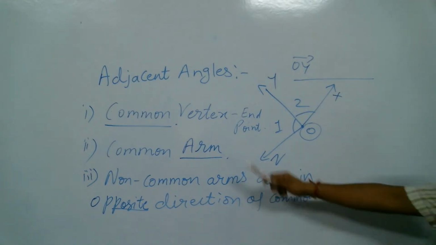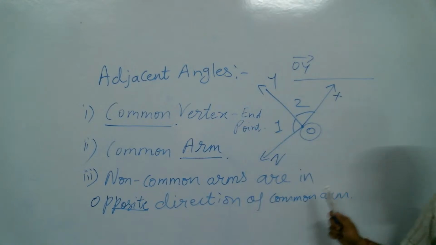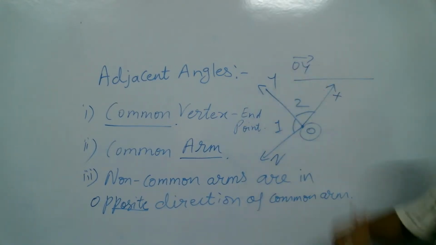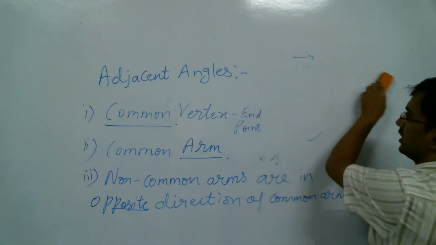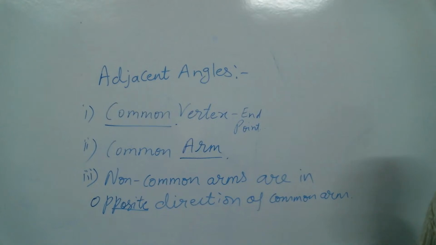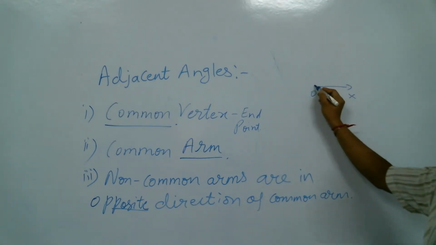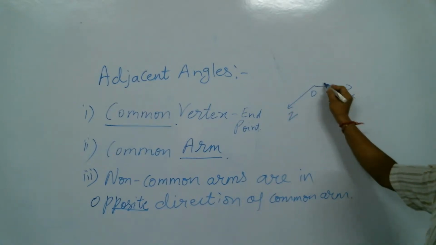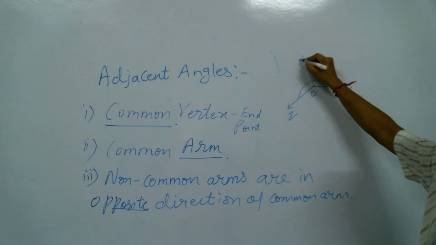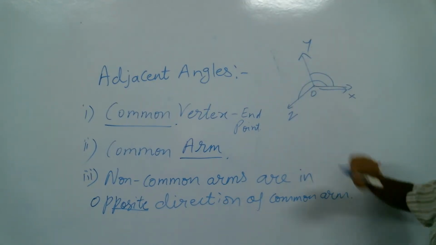Okay, so these three properties we have to remember: common vertex, common arm, non-common arms are in opposite direction of the common arm. जो आपका कॉमन आर्म है OY इसके अपोजिट में है दोनों आर्म्स, है ना? But suppose if this OX is common for OZX and suppose OXY, then this OX will be common.